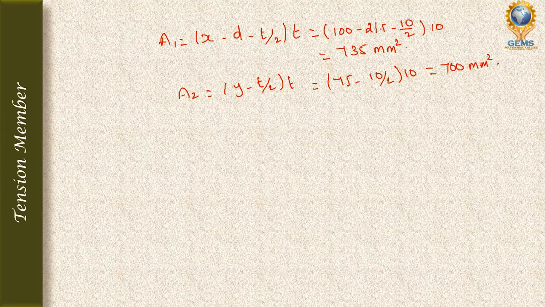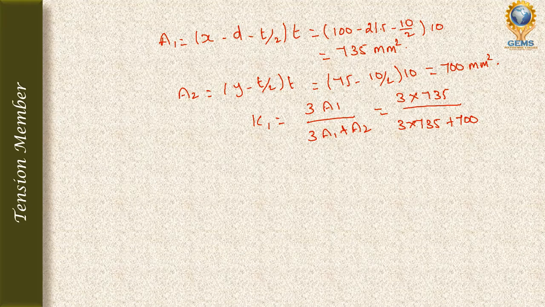So we know A1 and A2. We need to find the K1. It is a single leg angle, so K1 is 3 A1 by 3 A1 plus A2. So 3 into 735 by 3 into 735 plus 700 will give 0.760. So it is the K1 value.